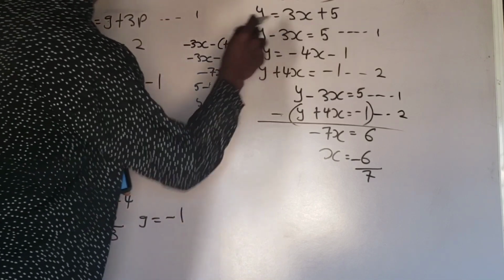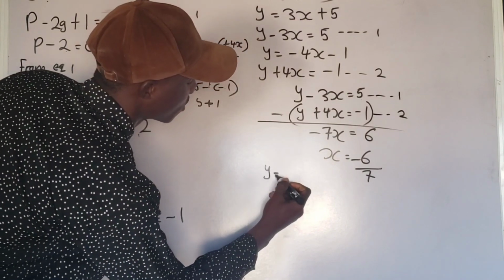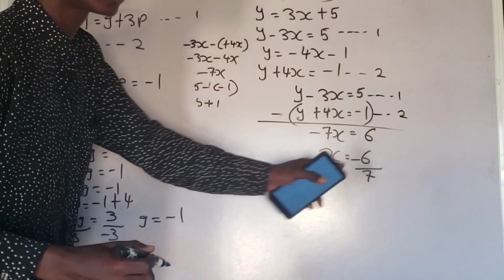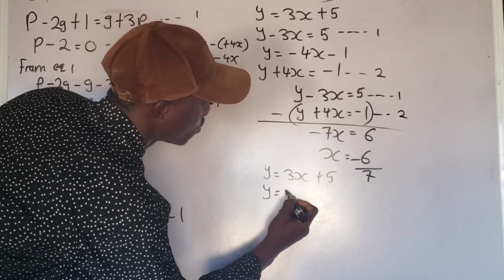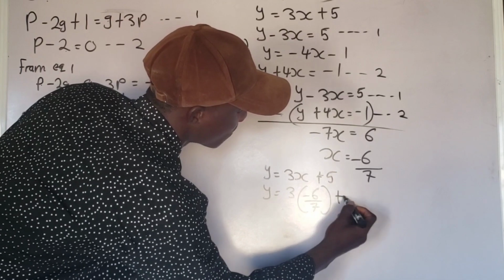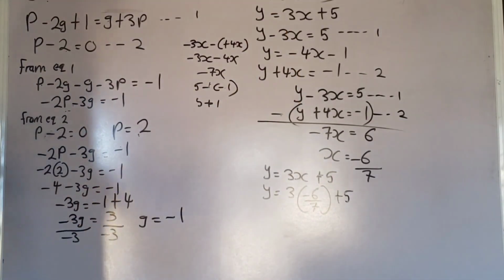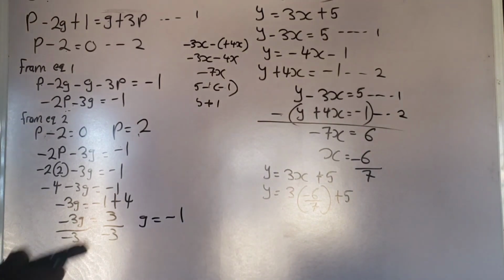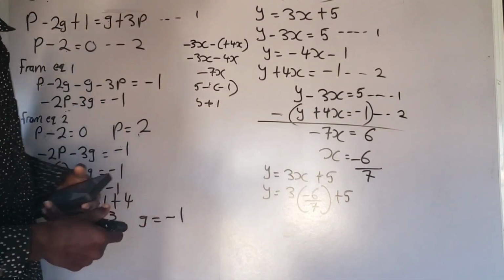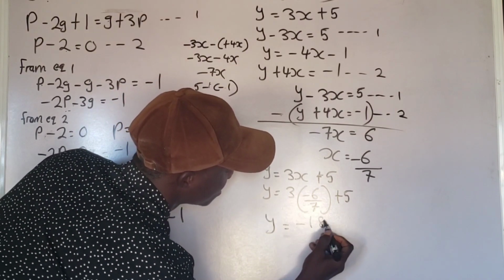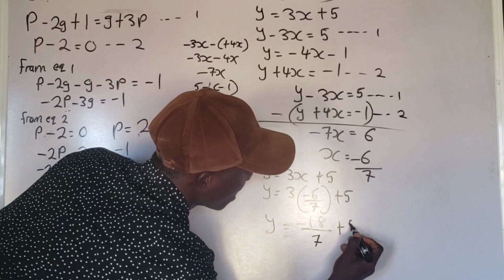Since y equals 3x plus 5, and x is equal to negative 6 over 7, I'm going to have y equals 3 into bracket negative 6 over 7, plus 5. Now let us open the bracket using 3. 3 multiplied by negative 6 over 7 gives y equals negative 18 over 7 plus 5.